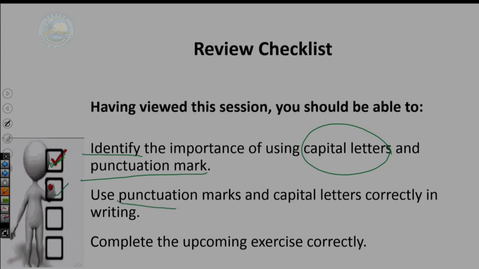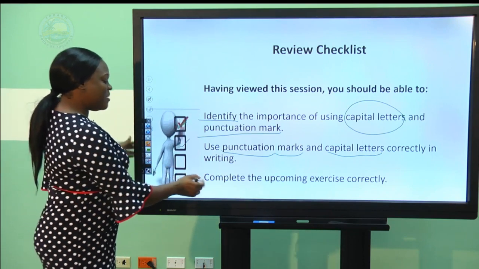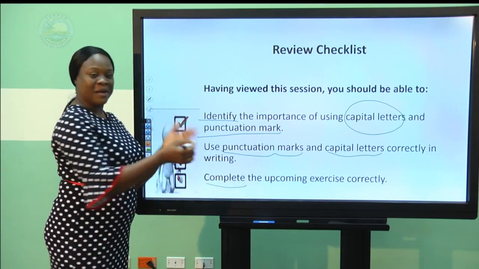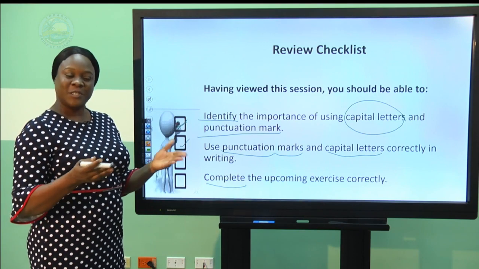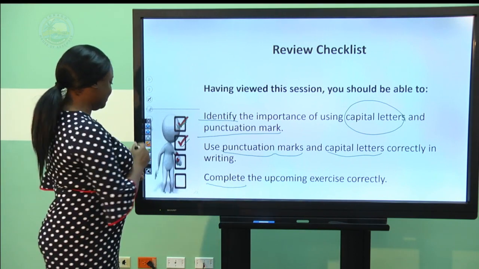So we want to use these same punctuation marks and these same capital letters correctly in writing. And most importantly, you need to show me that you can do that very well. And how are you going to show me that? When you complete the upcoming activity. So let us go to the next activity.